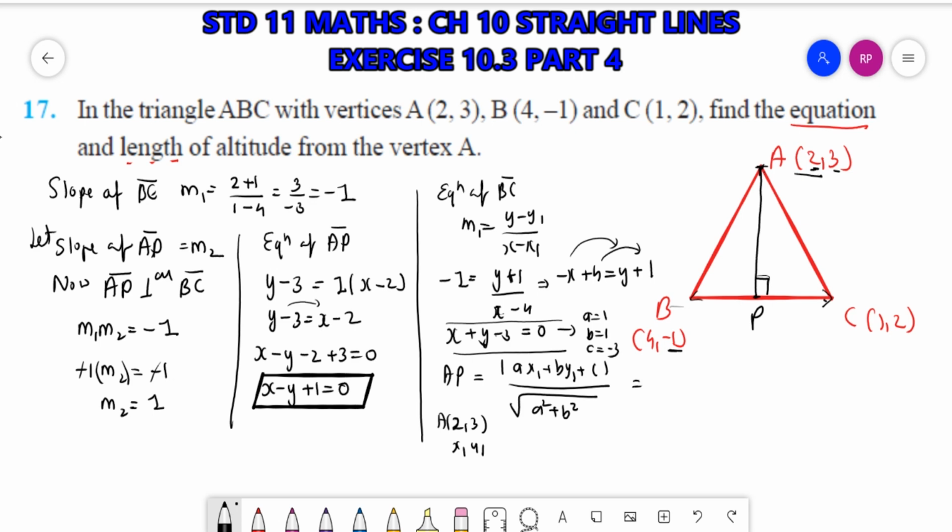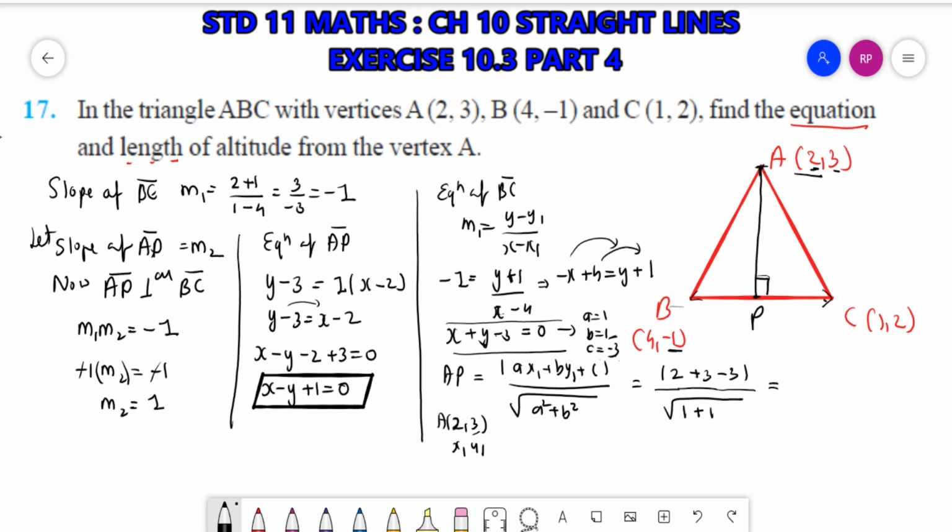Okay, so a that is 1 into x1 that is 2, b that is 1 into x2 that is 3, c that is minus 3, upon under root of a square that is 1, plus b square that is 1, under root of 1 square plus 1 square.